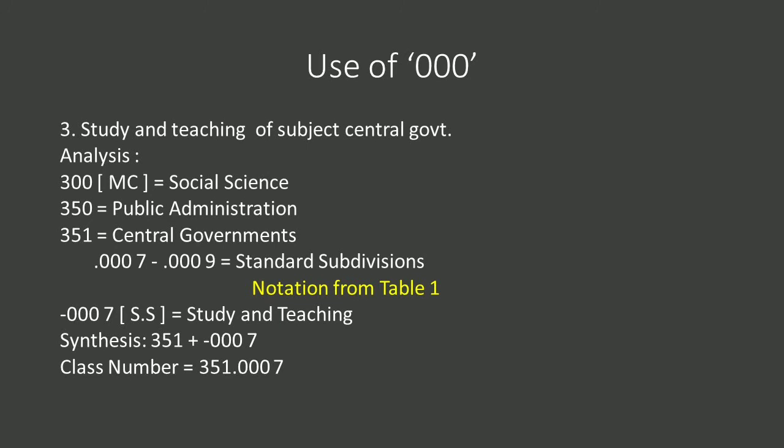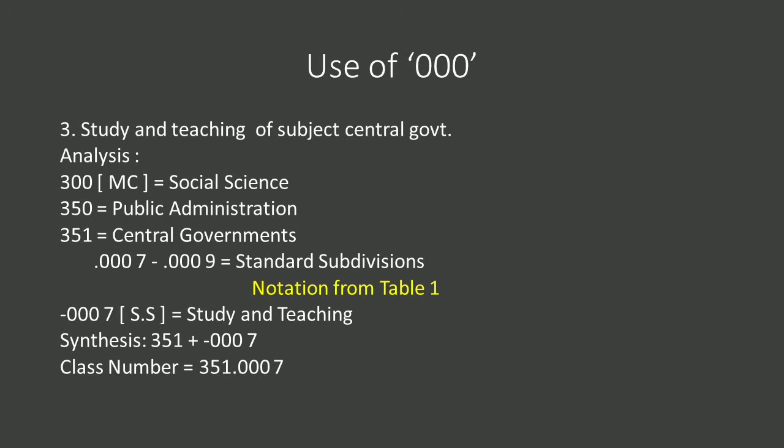In table 1, -07 is the notation for study and teaching, but we have to use -07 as -0007, because here is the instruction: we have to use .07 as .007 and .09 as .0009.